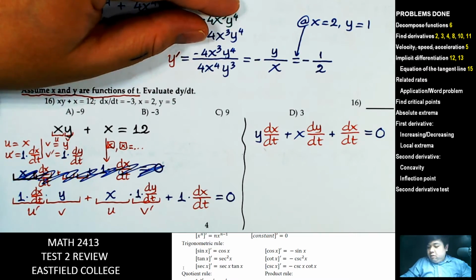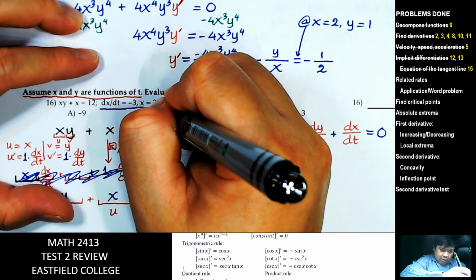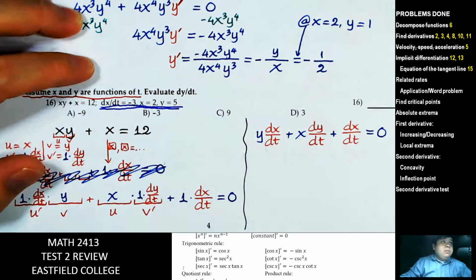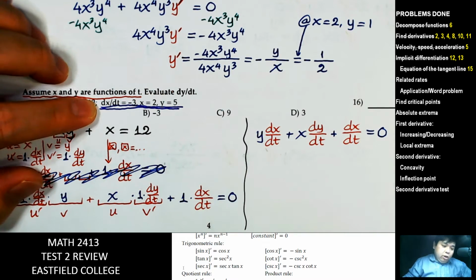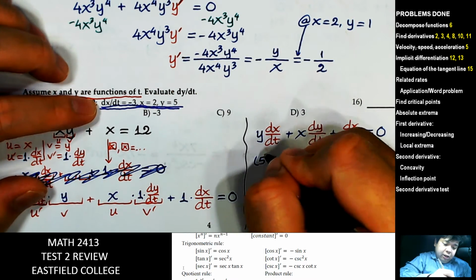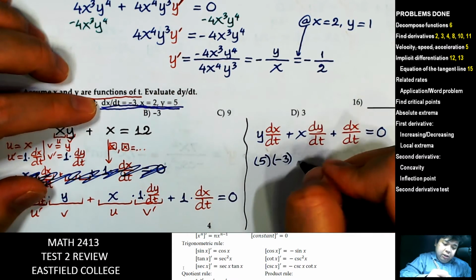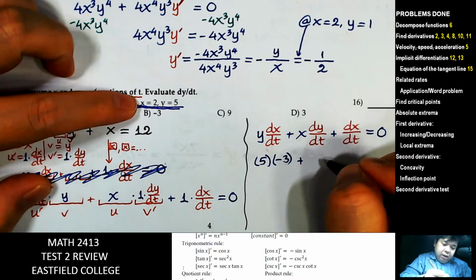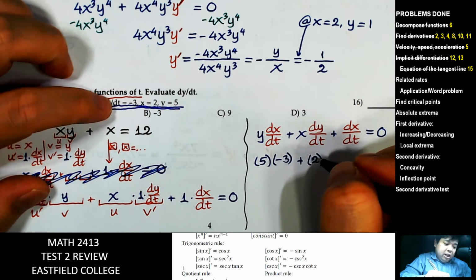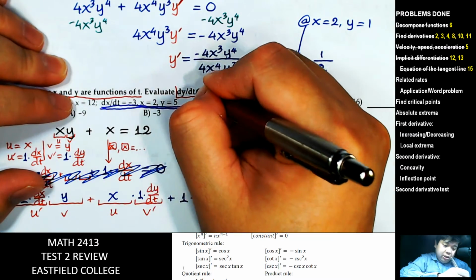Next we have these values, and we substitute in. y is going to be 5. dx over dt is negative 3. x is 2. dy over dt, we don't know that, but that's alright. We're looking for it.